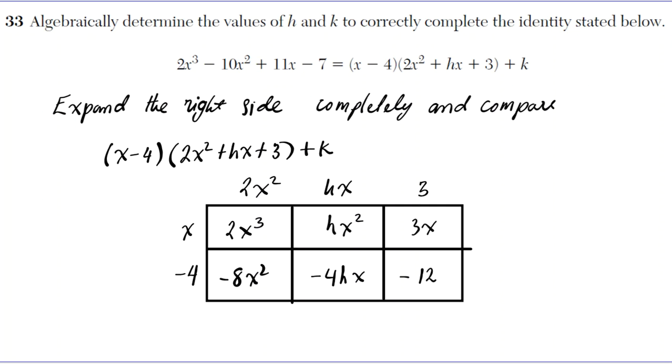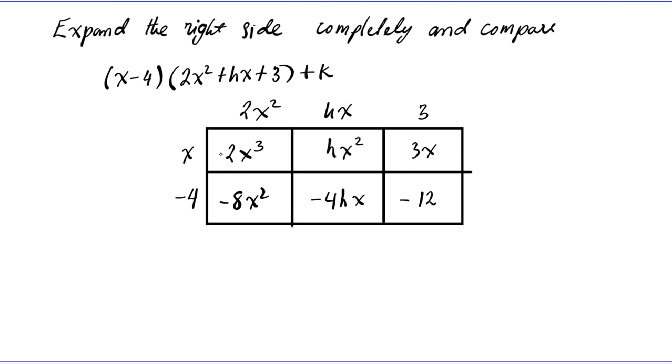We have 2x to the third, so it's going to be 2x to the third. And then we're going to combine these 2 terms right here. Those are our squares. So we have negative 8x squared plus hx squared.